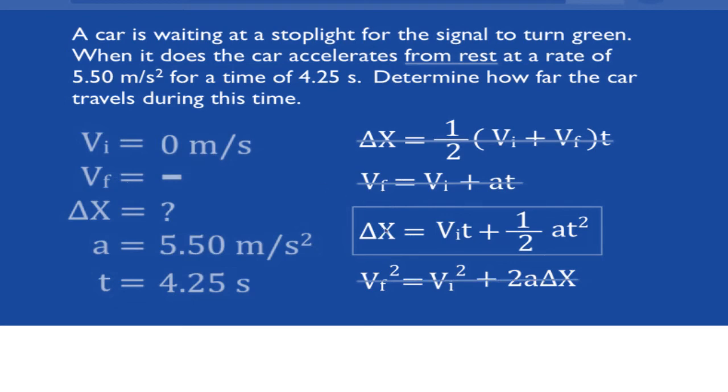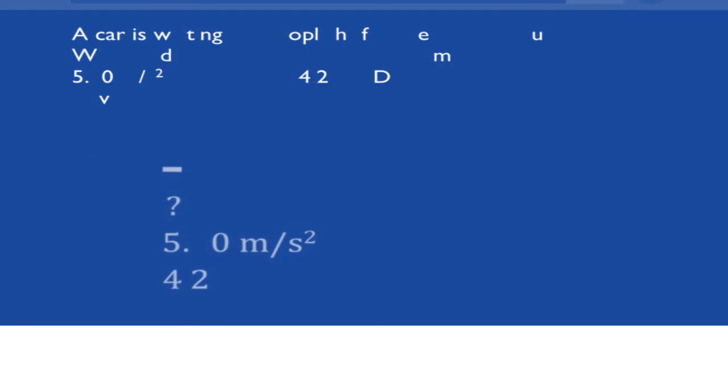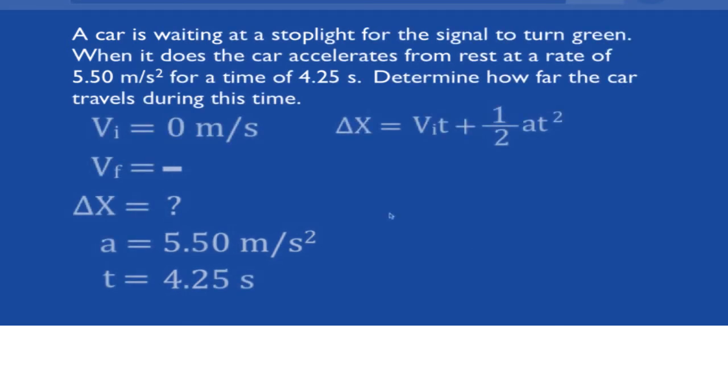So we are going to use this third one, and we are going to go to the next slide. I bring in the information and the equation, and we are just going to fill in the values and solve for the change in position. The other thing you should notice in this problem and with this equation is that the initial velocity is 0, so the initial velocity times the time is therefore also going to be 0. So we can simplify this equation because that term is 0.